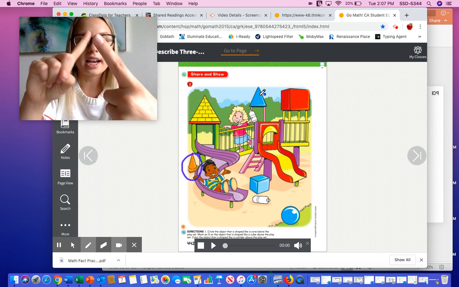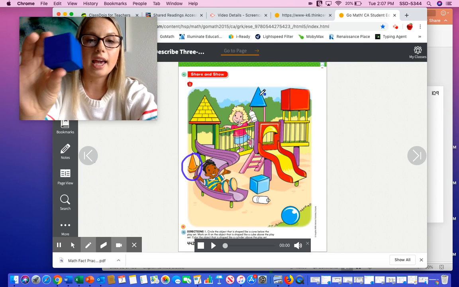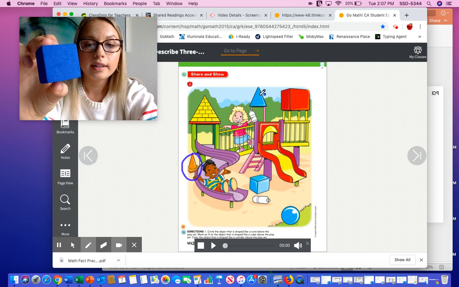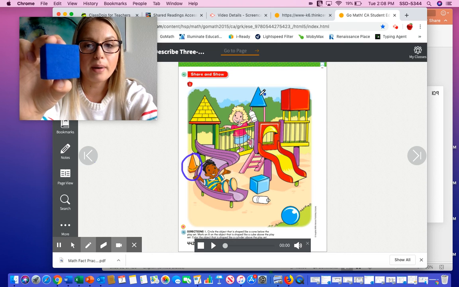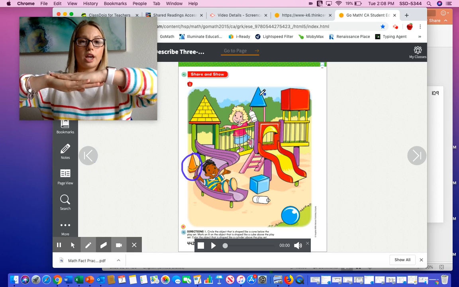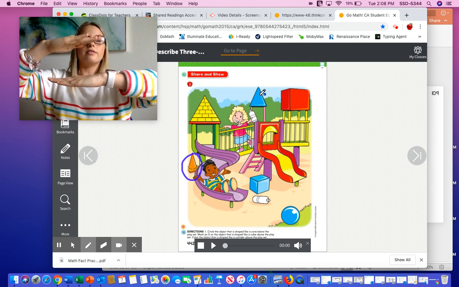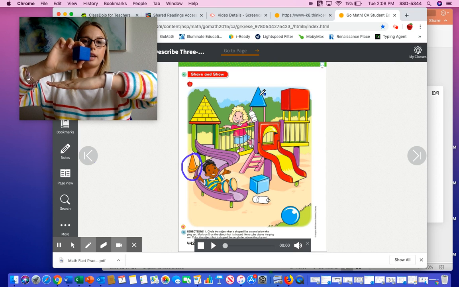Now we need to mark an X on the object that is shaped like a cube that is above the playset. So if this is the playset, we're looking for something that is above, on top of, that is shaped like a cube. Okay?